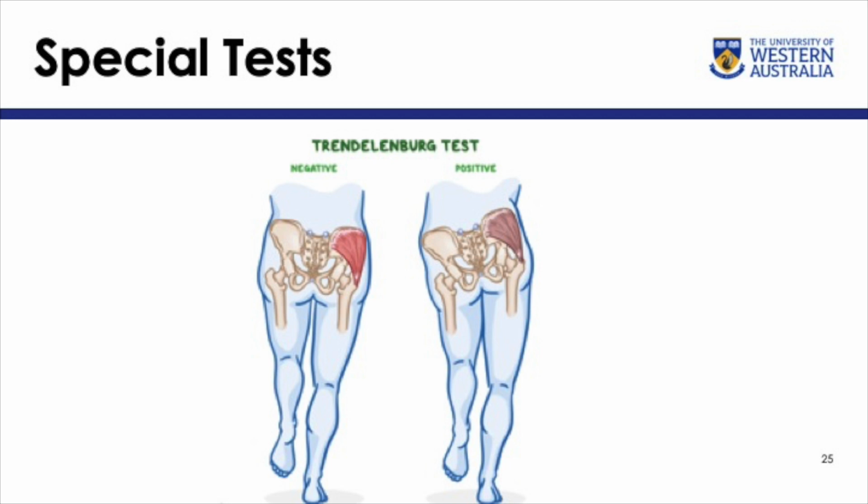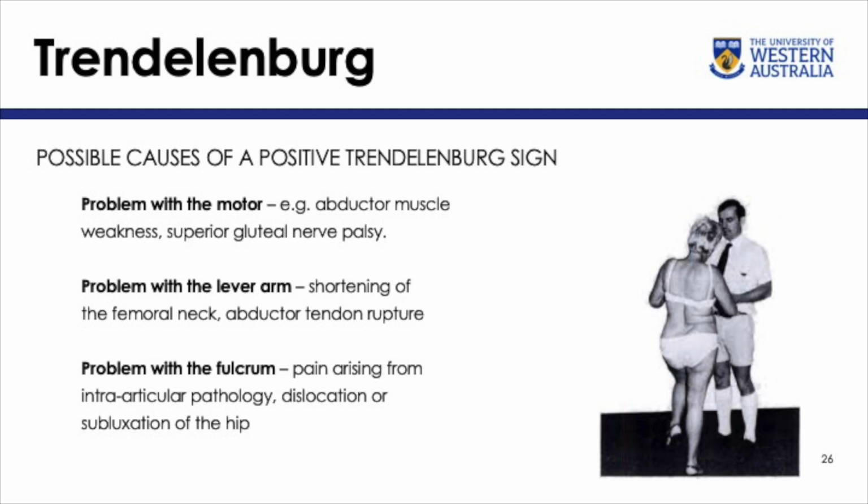If the pelvis drops on the unsupported side, to avoid falling, the person will have to throw their body towards the loaded side so that the centre of gravity is again over that foot. In this instance, the finger on the ASIS of the unsupported leg will fall, which is a positive Trendelenburg. A positive Trendelenburg sign generally means there is a problem with the abductor muscles.